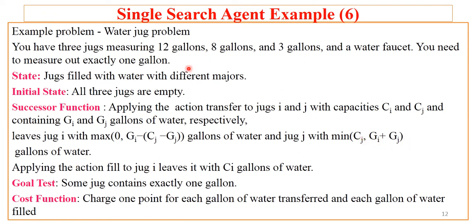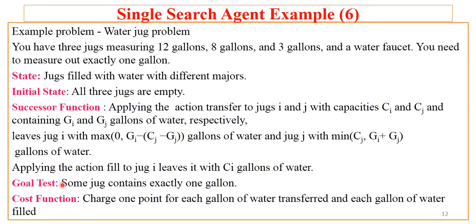That means suppose I have filled the 12 gallons jug, so I can transfer water from this 12 gallon jug to the 8 gallons jug. If I do this, the 12 gallons jug will have 4 gallons remaining, and your 8 gallons jug will be filled completely up to its capacity. Fine. So applying this, we can fill jug I, leaving it with Ci gallons of water.